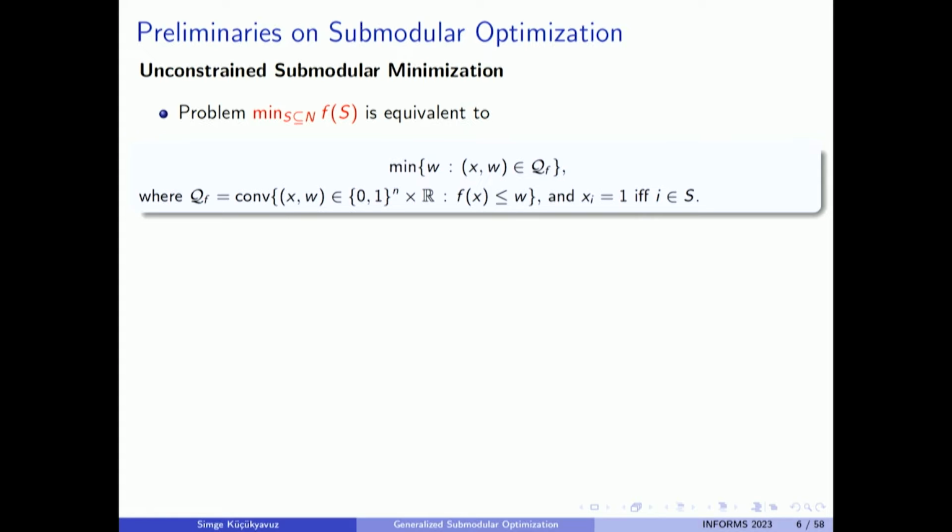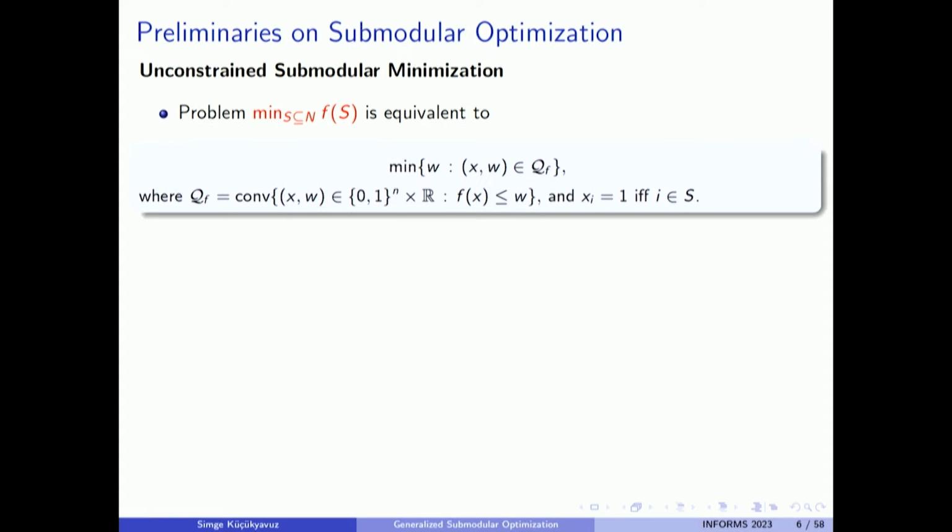So I turn this combinatorial set function representation of submodular minimization into a mixed integer programming representation, where I think of the convex hull of these points: the 0,1 to the n points, and w, this continuous variable capturing the epigraph of f of x.